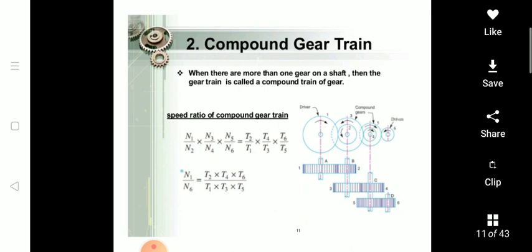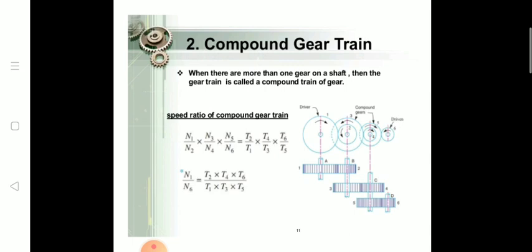Same for gear number 4 and 5 and gear number 6. So gear number 2, gear number 4 and gear number 6 are the driven gears, and gear number 1, gear number 3 and gear number 5 are the driver gears.